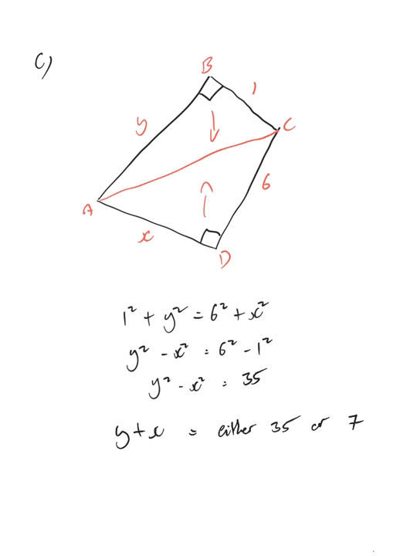Now, by finding the corresponding values of y minus x and using simultaneous equations, find all possible pairs of values for the length of side AB and AD.